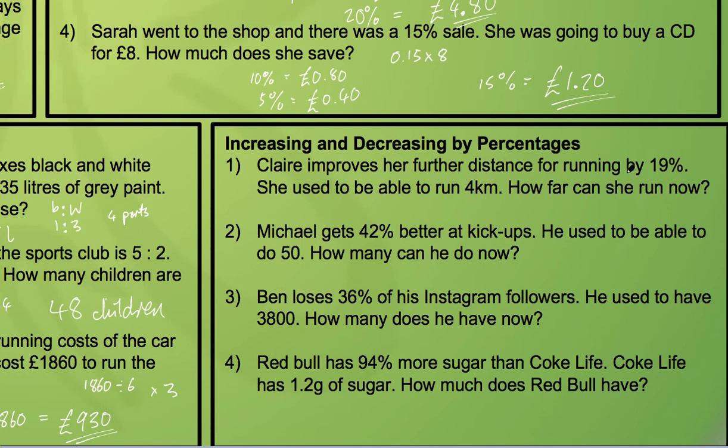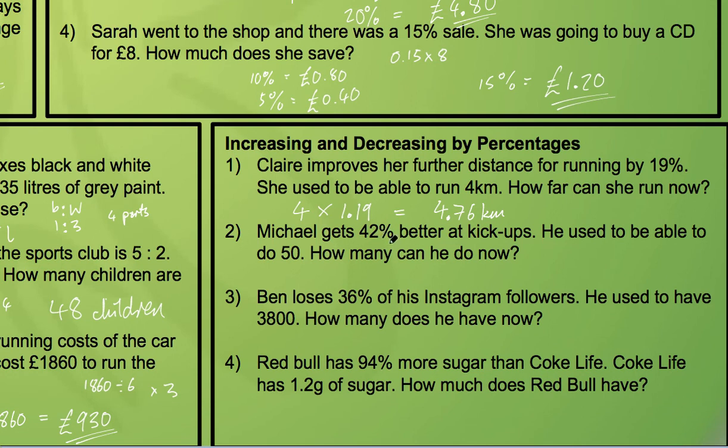But if this is a calculator paper, which the numbers suggest it probably would be, we multiply by 119%, which as a decimal multiplier is the 100% plus the 19%. So this is an increase of 19%, and it gives us the answer 4.76 kilometers.